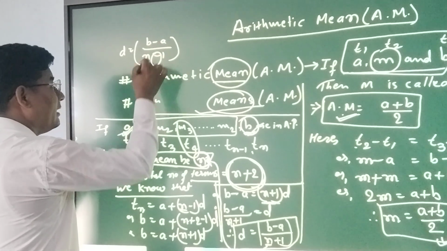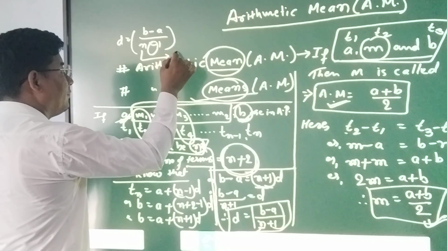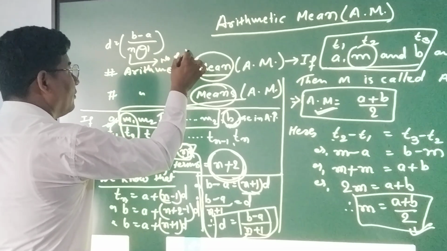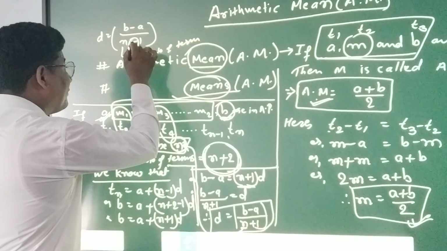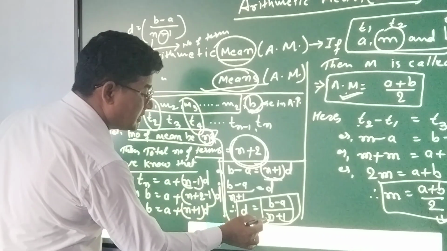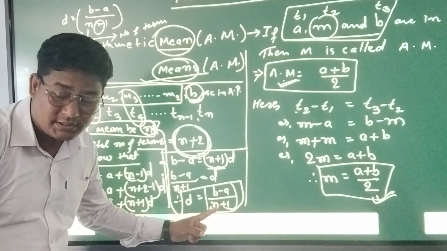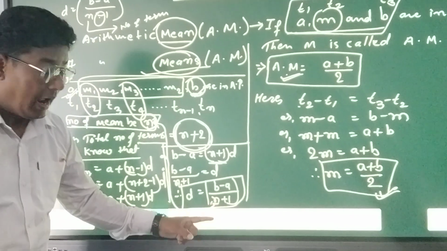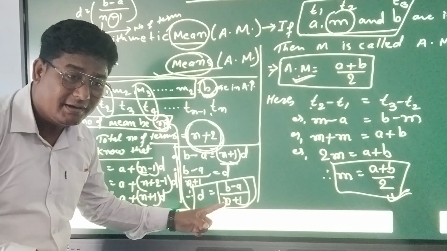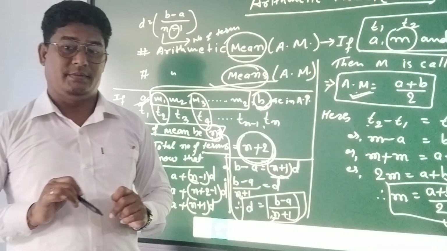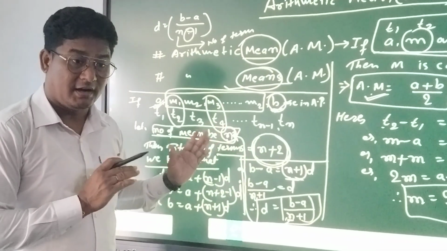If there is minus here, n is the number of terms. If plus is here, it means n is the number of means. Always remember. Is that clear or not?